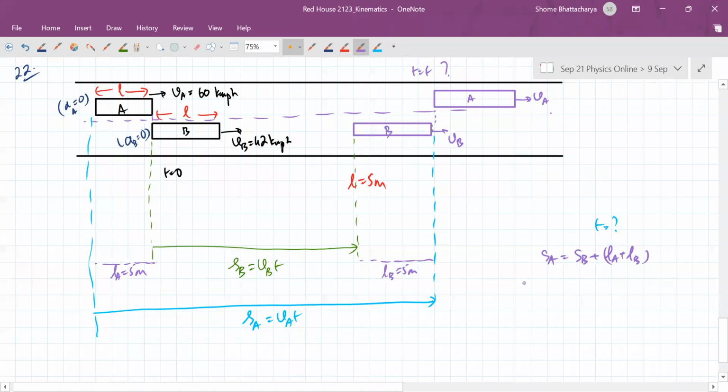VA is 50 by 3, so 16.6 meters per second, and VB is 11.6.